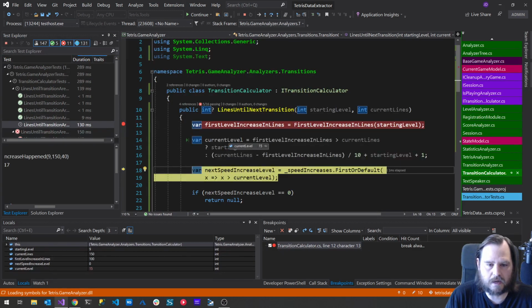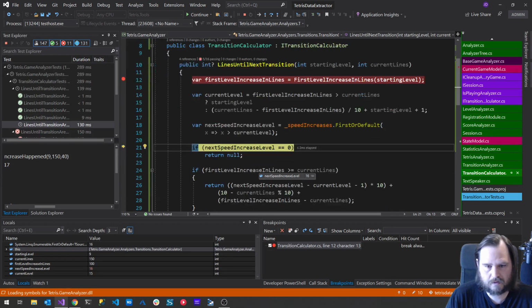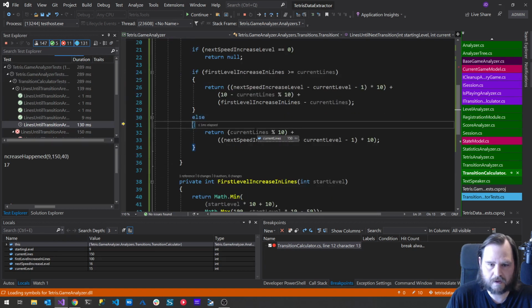Did I calculate? Yeah, you are on 15. So your next speed increase will happen at level 16. Which is what that says. So that's fine. Your first increase is less than your current lines. So we go over here and we say current lines mod 10.